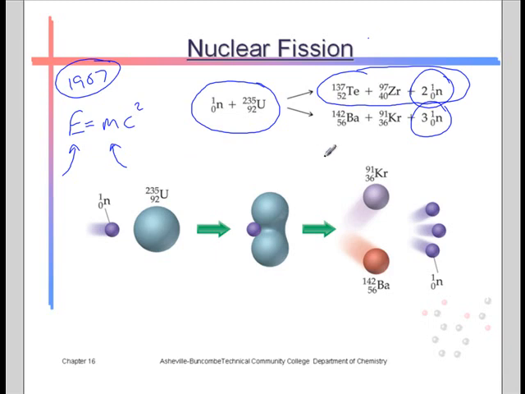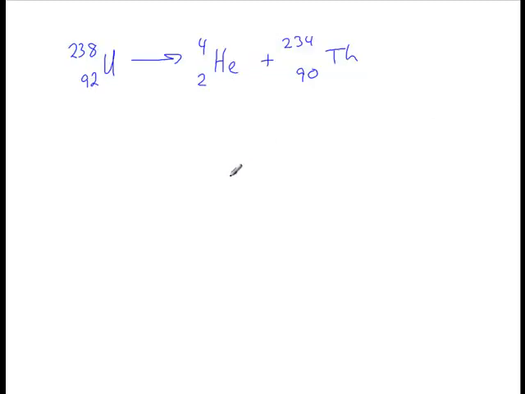That's why using this type of technology to generate electricity in a nuclear power plant is not a crazy idea, because you generate a lot of energy for just a very small amount of mass. Now it's what's left over at the end that's the big problem, but anyway, that's not for me to solve here.